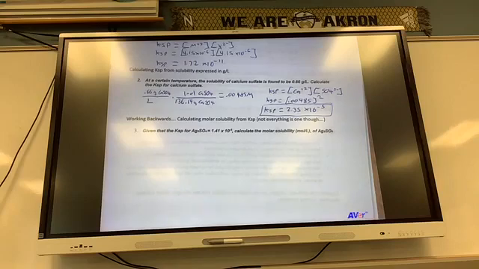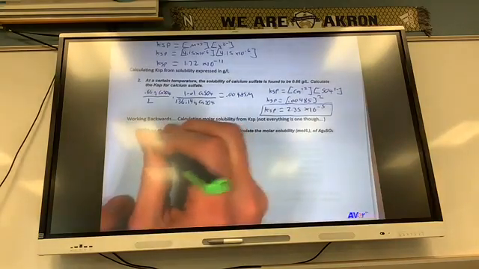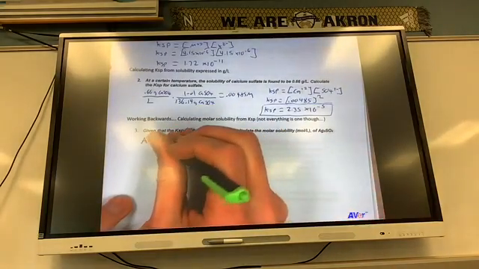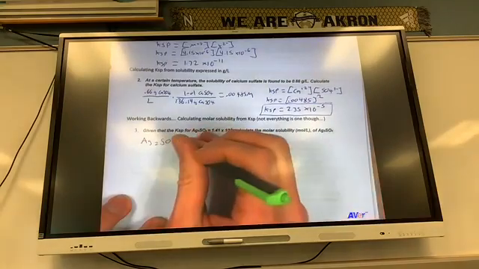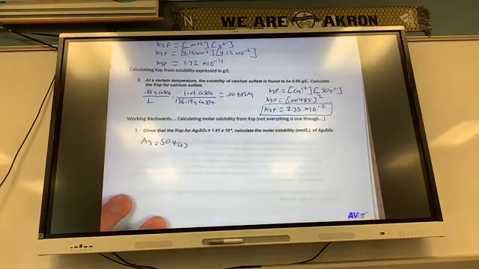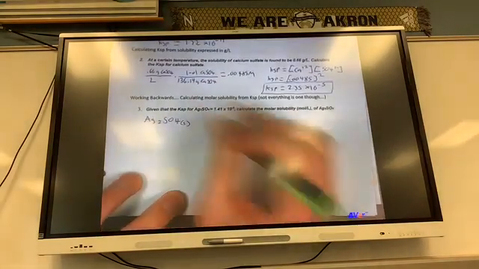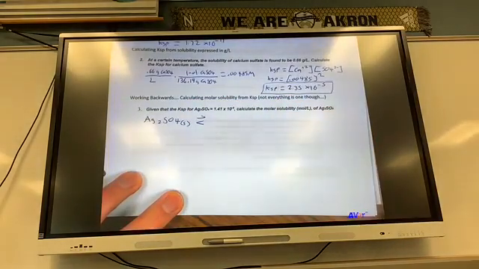Working backwards. So on this one, I want to solve for the molar solubility of Ag2SO4. First thing I'm going to do is write an equation. So I have Ag2SO4. That's a solid. Agreed? It is in equilibrium with what?